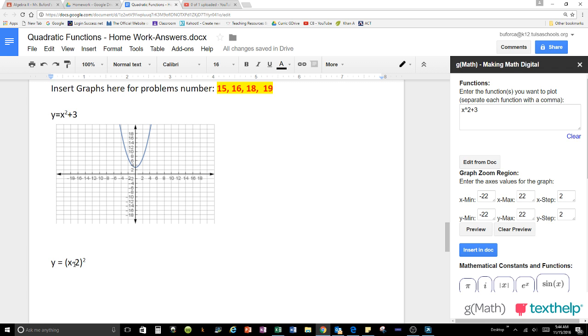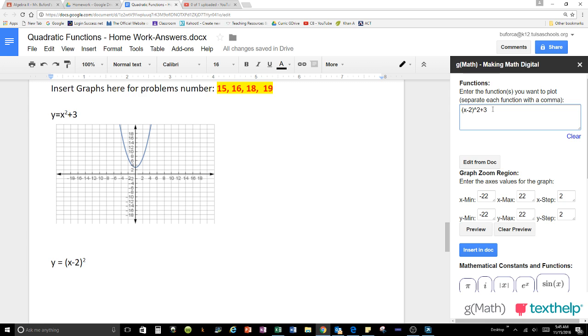And it's just showing us how the parabola shifts depending on what we do with x squared. Here we're taking x squared and we're subtracting 2 from it, which actually shifts us to the right on our parabola. So let's see what that looks like. We say, put in there, say -2.